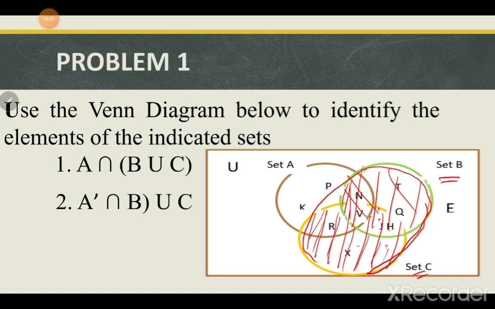So, the union of B and C is equal to all the terms in set B and set C: N, V, R, T, Q, H, J, and X. Pag kinuha mo yung intersection nila, we all know that N, V, R is also in set A, right? So the intersection is N, V, R. Tama?